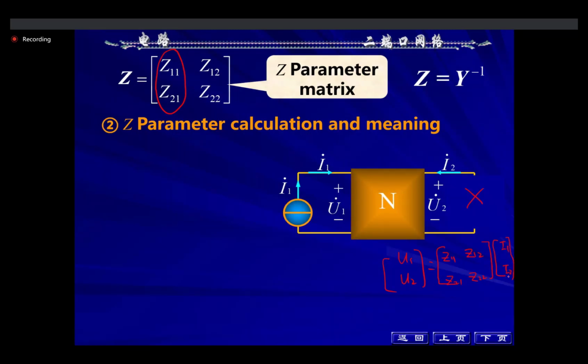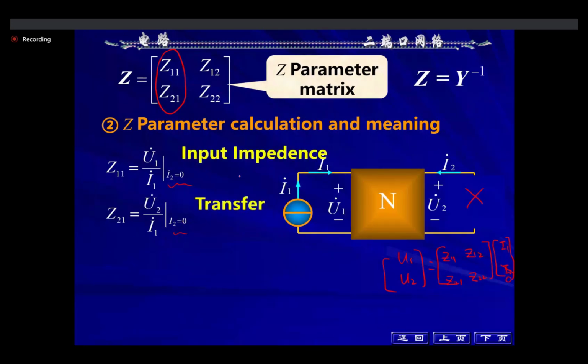We assume I2 is 0 at first. This is 0 means open. So U1 is Z11 multiplied by I1. U2 is Z21 multiplied by I1. So we calculate Z11, Z21: the input impedance and the transfer impedance.